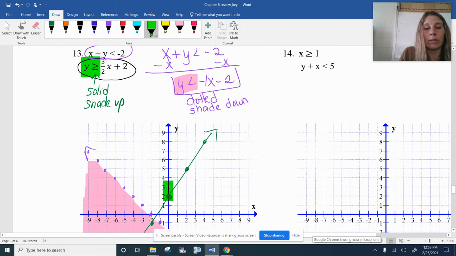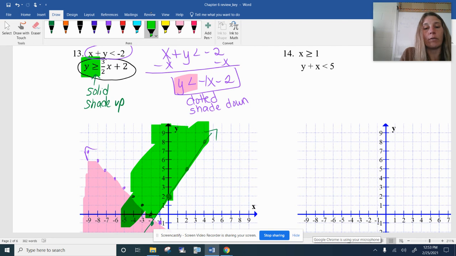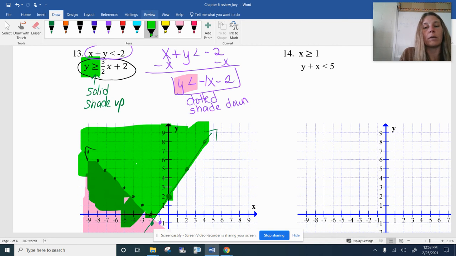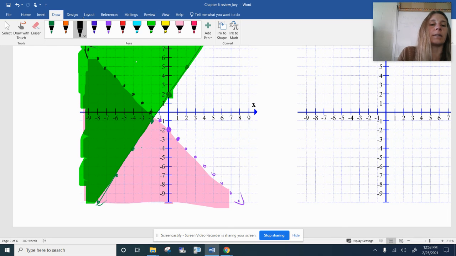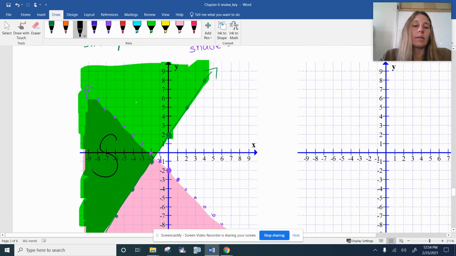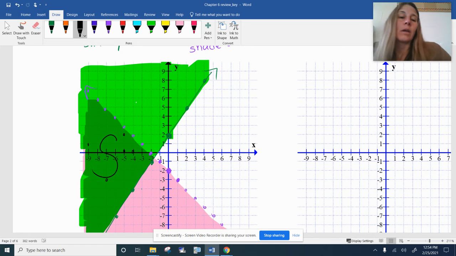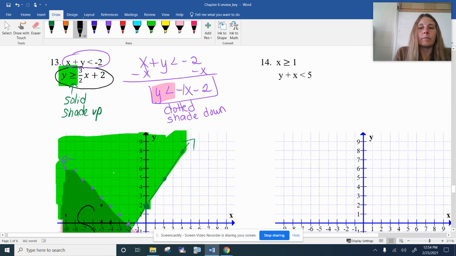So I find my y-intercept, shade up, and continue to shade everything that's on that side. And then, of course, I can see my solution area is that section over here on the left. So any point in here would be a good checkpoint to use. And that's it. All right, now our last one.